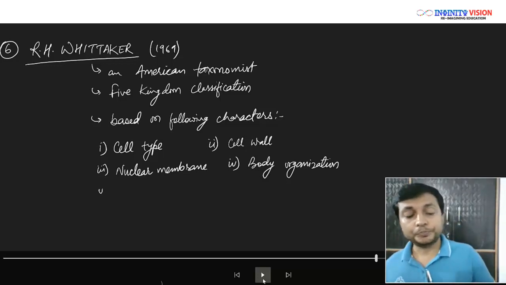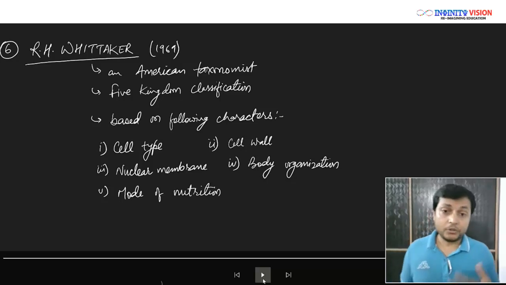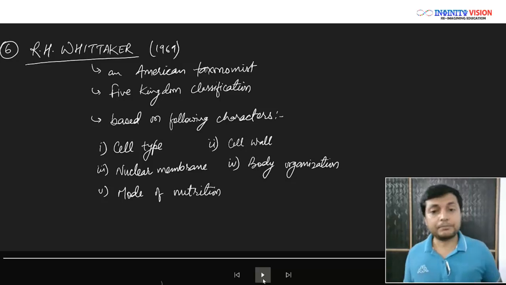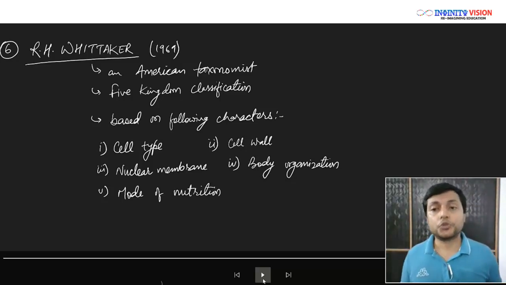Now the fifth one is mode of nutrition, as in the organism is autotrophic or heterotrophic. If heterotrophic, whether it shows holozoic nutrition, saprotrophic nutrition or parasitic nutrition, what kind of nutrition it shows.